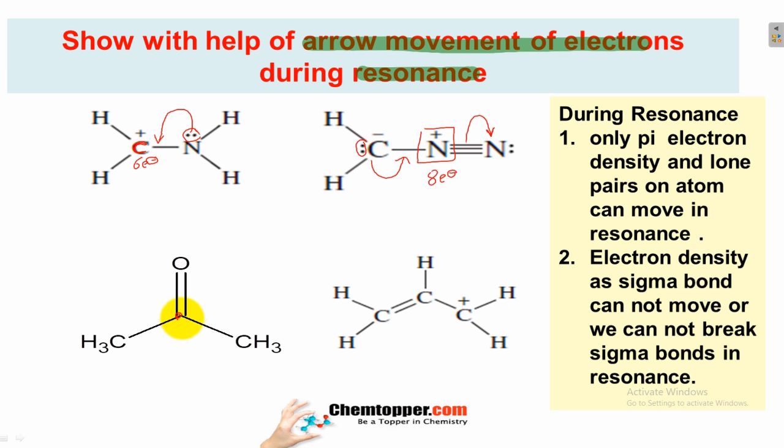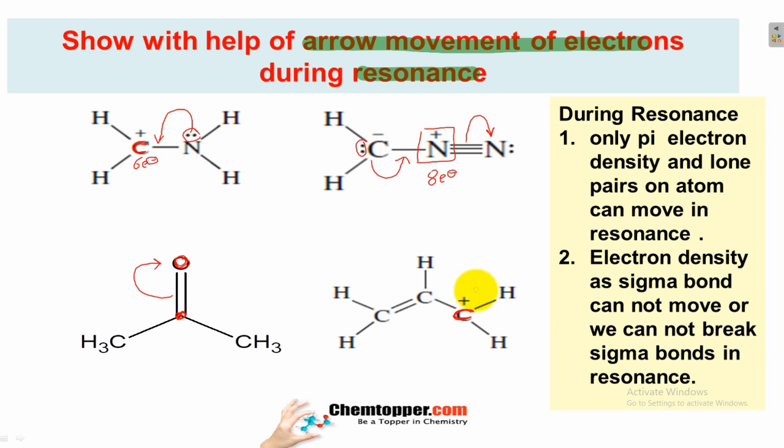In this structure, in the carbon-oxygen bond, oxygen is more electronegative than carbon, so this pi electron density will move in the direction of oxygen as lone pairs. In this molecule, this carbon is positively charged and is electron deficient also.